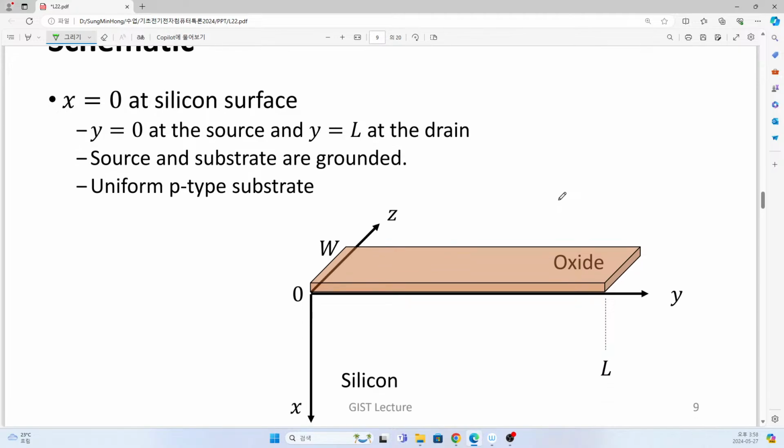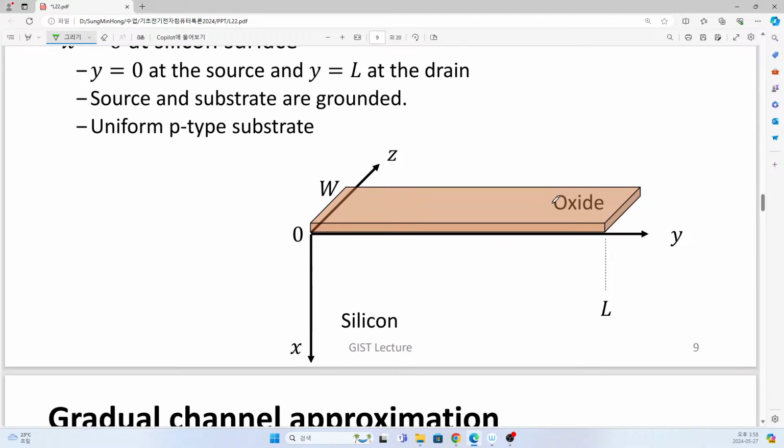So typically in such a case, we introduce this schematic coordinate system, and x is regarded as the vertical direction. Why do we have x corresponding to the vertical direction, not the channel direction? Because previously we just considered the MOS system and we used x for that depth direction. So we just keep the coordinate system.